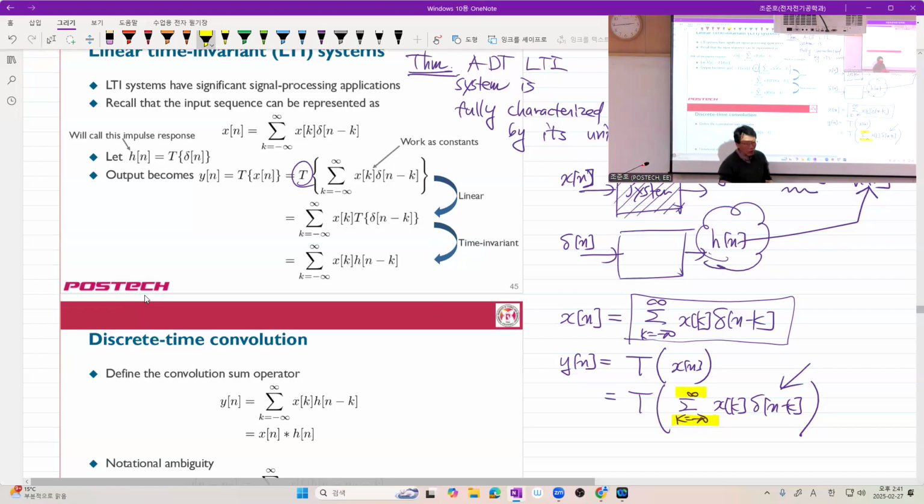This is the kind of hand-waving part of undergraduate signals and systems and DSP. Precisely mathematically, it's not easy whether our definition of linearity in terms of two signals can be applied to countably infinite signals. But let's forget about that much rigor.